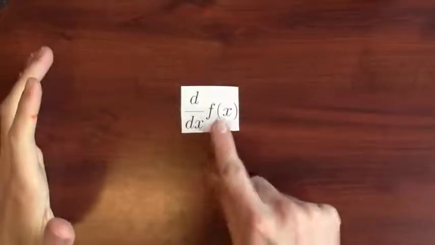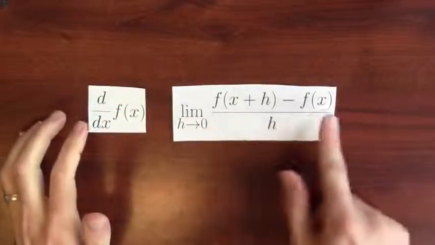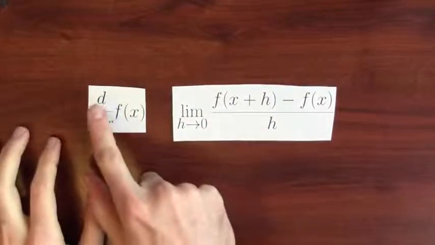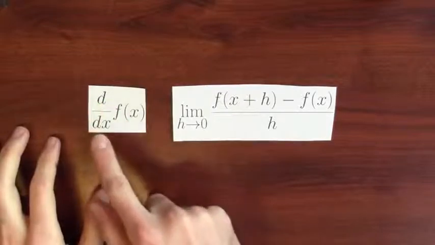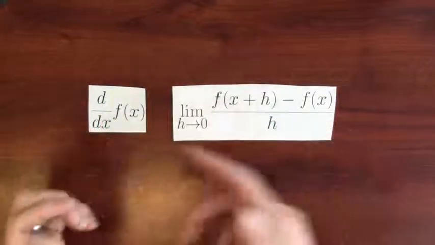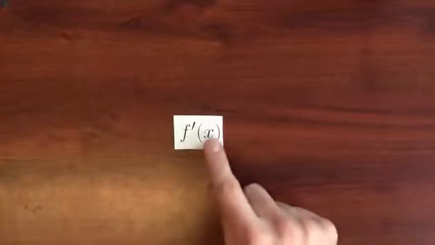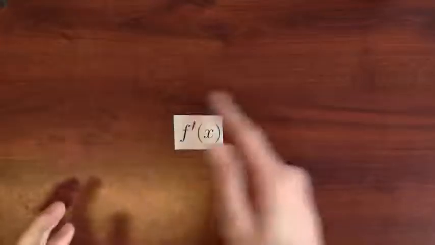There's upsides and downsides to these various choices of notation. For instance, here's a huge upside to this d dx notation. It's really emphasizing that the derivative is a ratio. It looks like df, the change in the output, over dx, the change in the input, somehow revealing a little bit of how the derivative is actually defined. The f prime of x notation doesn't emphasize that the derivative is a ratio, but it does emphasize the derivative is a function. When you use the f prime of x notation, at least you can tell this thing's a function.